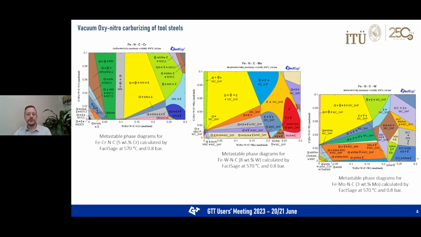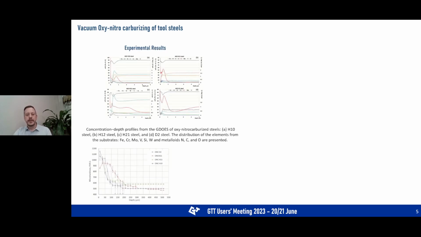For example, the first figure shows the effect of chromium with 5 weight percent, the second one shows the effect of tungsten with 8 weight percent, and the third one shows the effect of molybdenum with 3 weight percent to this system. As can be seen, the alloying elements in the steels have a great effect on the formation of different layers during the ONC process.